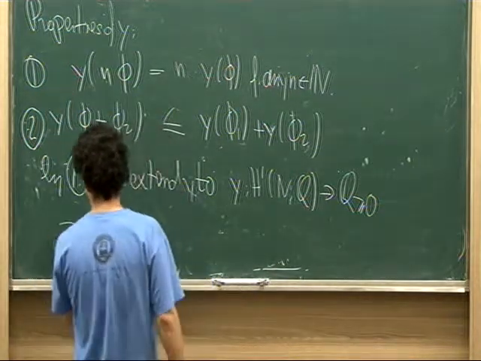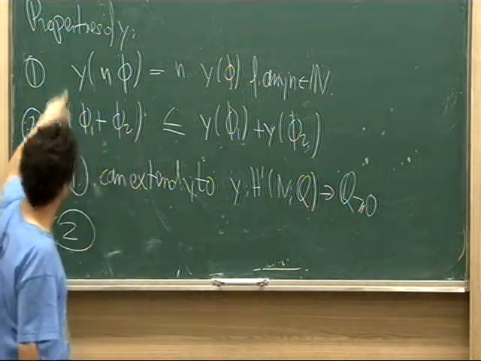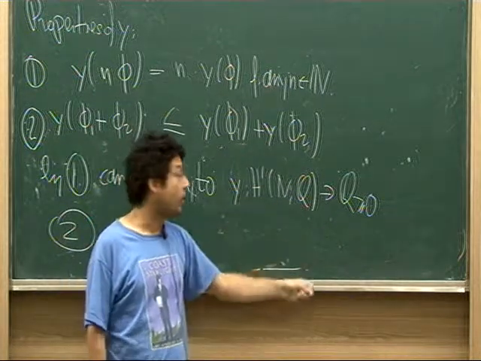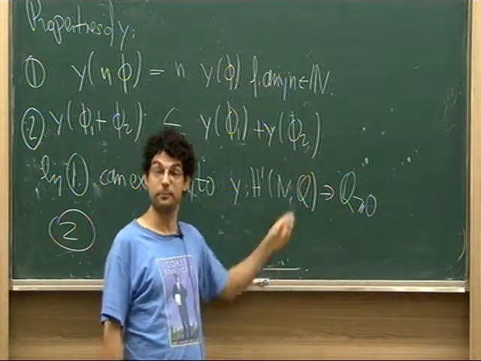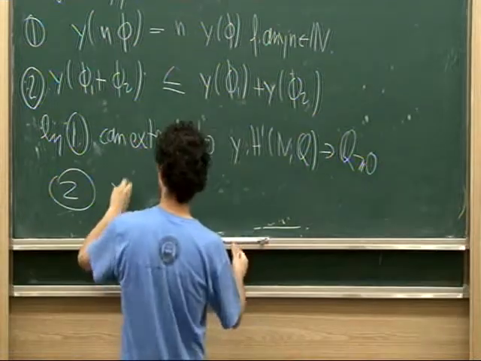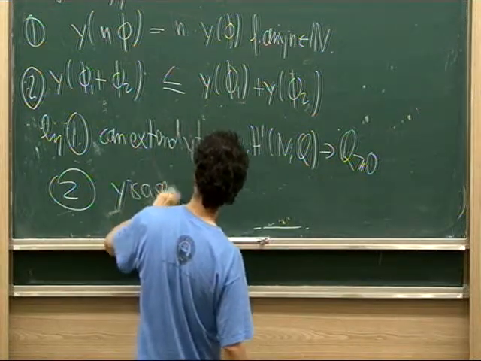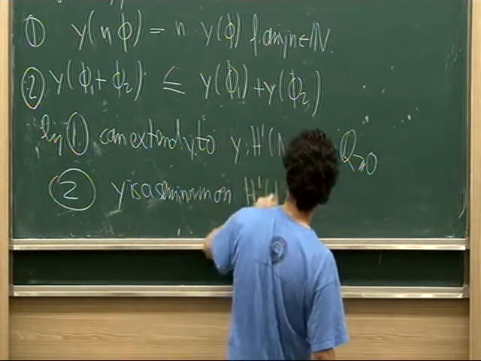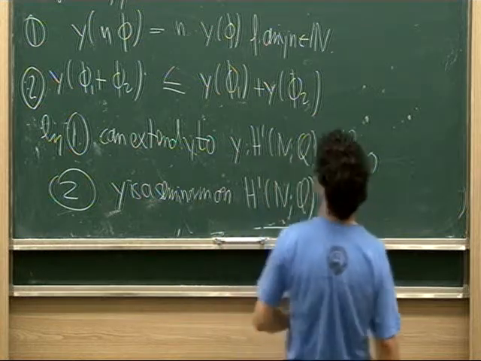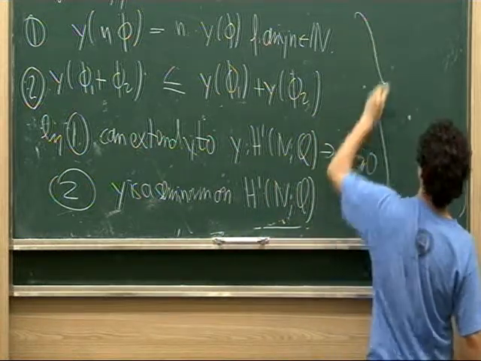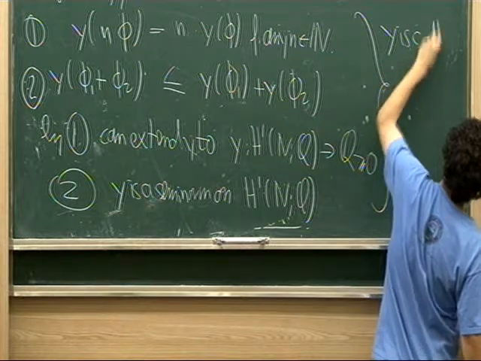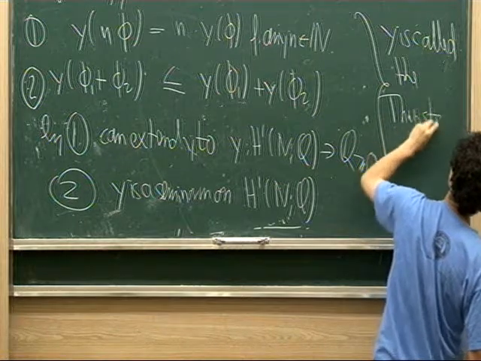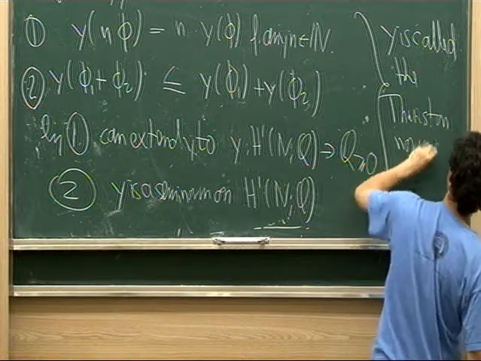Okay, and what do 1 and 2 say? 1 and 2 say that y is in fact a semi-norm on this vector space. Okay, y is a semi-norm on H1 with rational coefficients, and it turns out it actually has a name: y is called the Thurston norm of n.